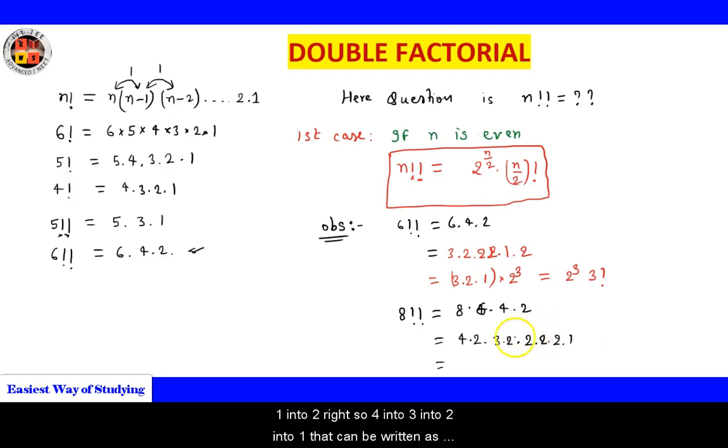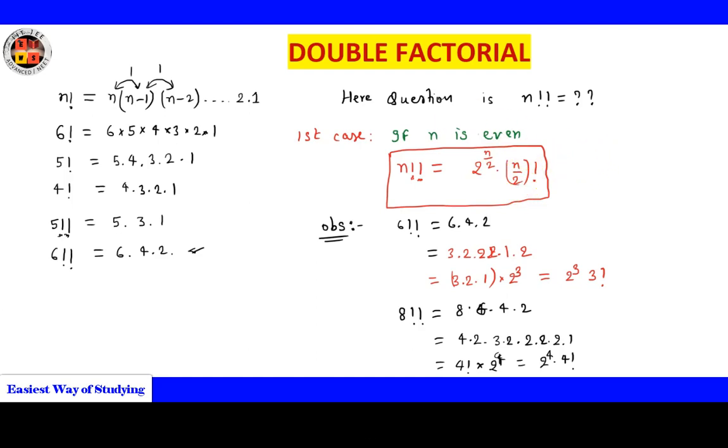So 4 into 3 into 2 into 1 is factorial 4, with 2 to the power 4. So this can be written as 2 to the power 4 into 4 factorial. This power and this factorial are the same.